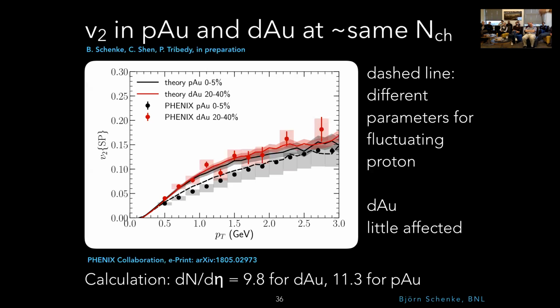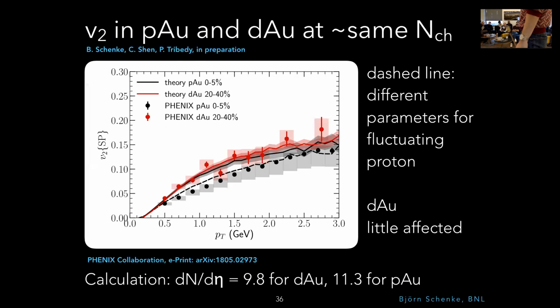But then the HERA data is also at slightly different x than what we have here, so there's some freedom. If people do a calculation and they have this proton substructure as a free parameter, I'm not surprised they can describe both data sets at the same time. If you constrain it, you don't necessarily describe it. But if you keep the proton shape as a free parameter, as has been done in other calculations, then you can definitely describe deuteron-gold and proton-gold at the same time.